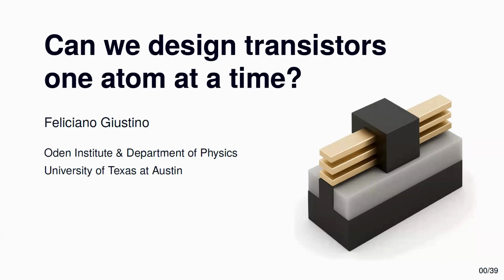So he's going to present us his research applied to transistors, but his research interests really span many different fields, including chemistry. And so I hope we'll learn some of the cool stuff that he and his lab are doing these days. Thank you, Feliciano.